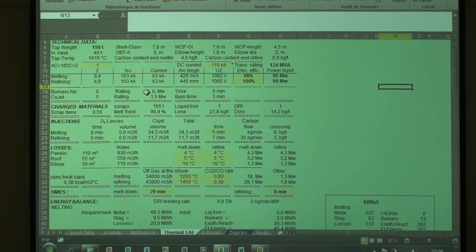So this is the repartition of the burners and cojets. This is the repartition of the scrap. So this is injection by lances and cojets. Here I have carbon injection.